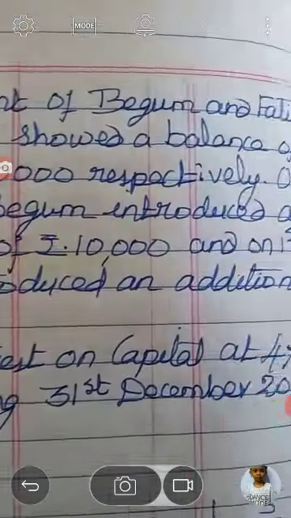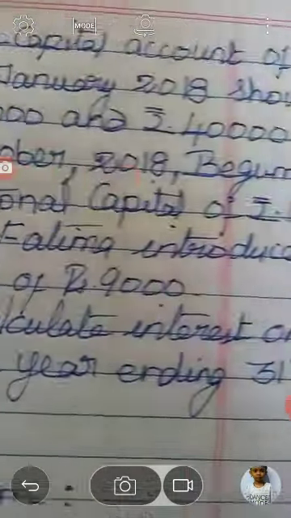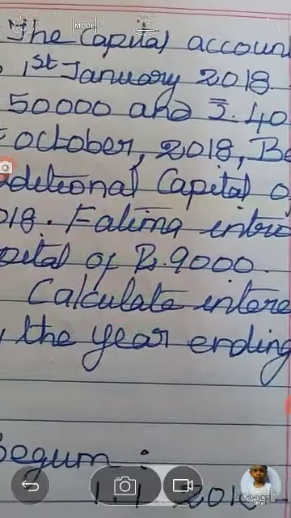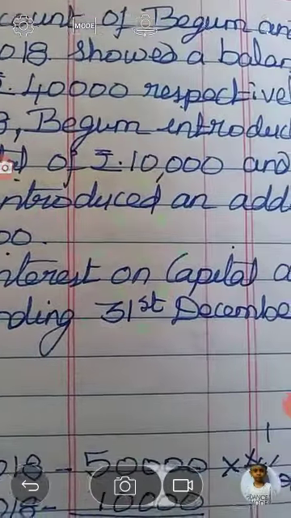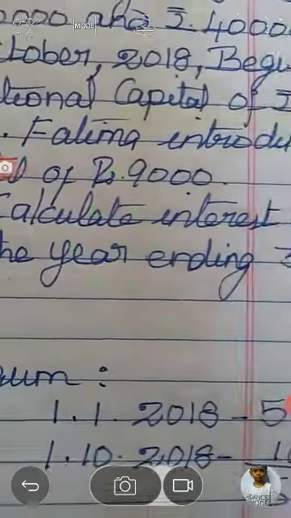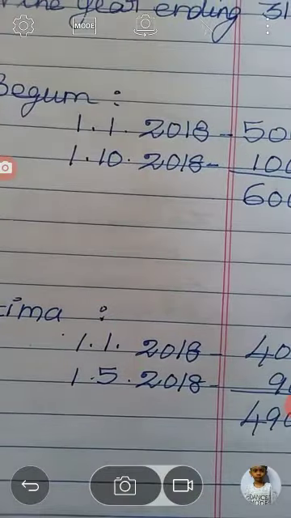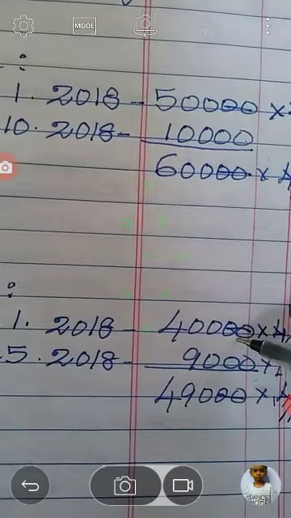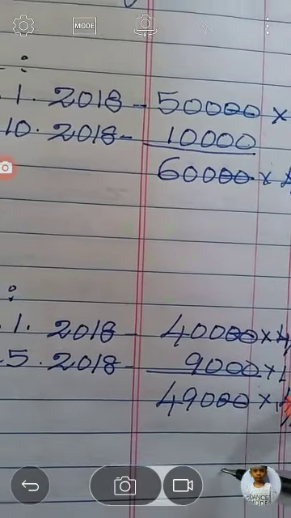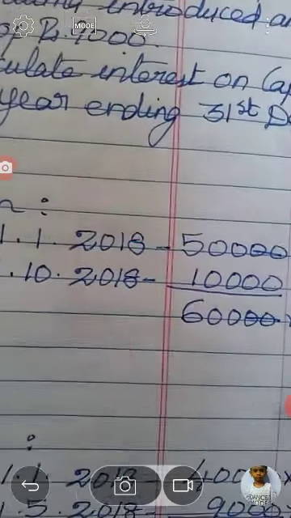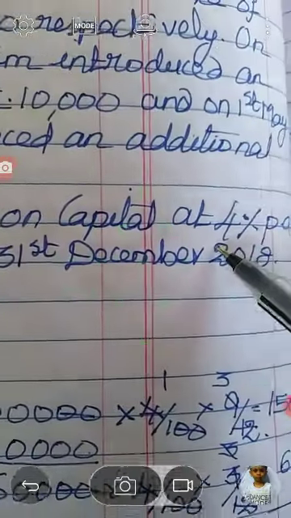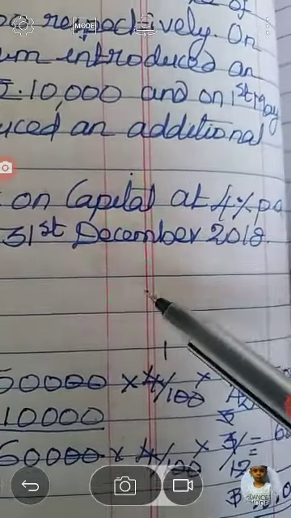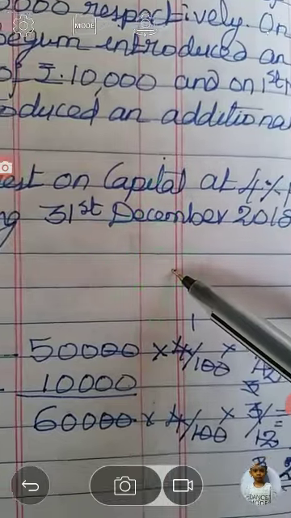Then on 1st May 2018 Fatima introduced an additional capital of rupees 9,000. So Fatima introduced on 1/5/2018 additional capital of 9,000, so the capital amount changes from 40,000 to 49,000. You have to calculate interest on capital at 4% per annum. The accounts are closed on 31st December every year.